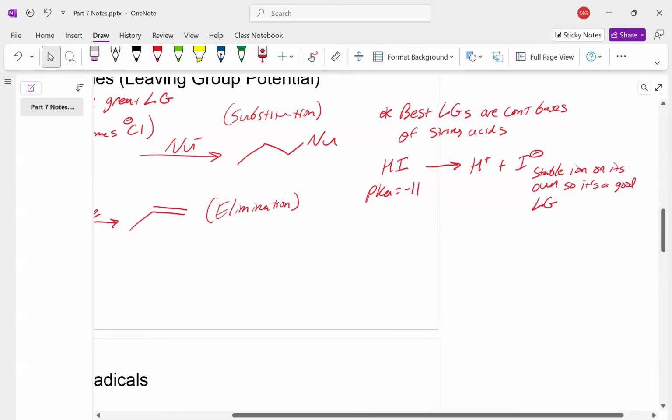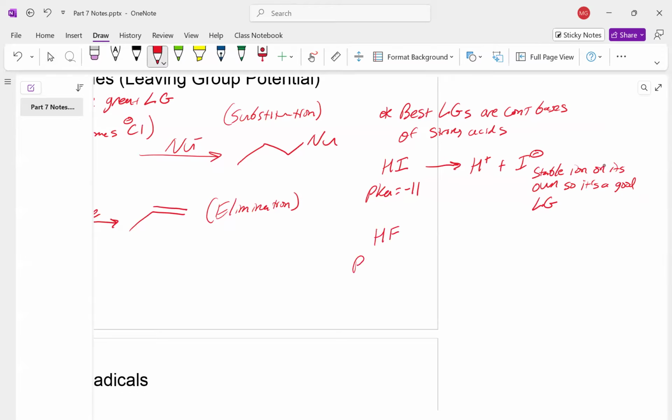Now let's compare that to another halogen, HF. HF is not a strong acid, so I'll use an equilibrium arrow here, and it doesn't completely dissociate.